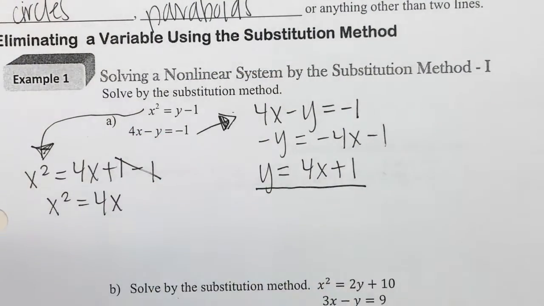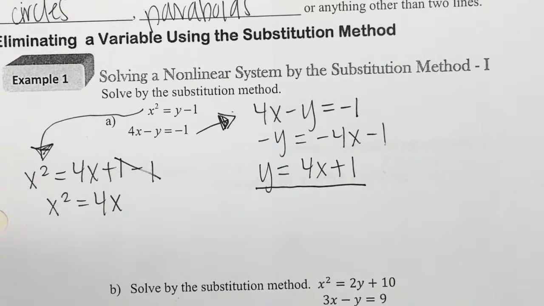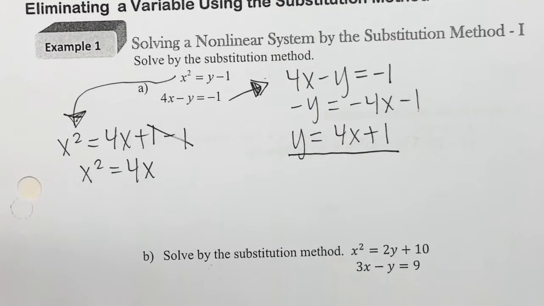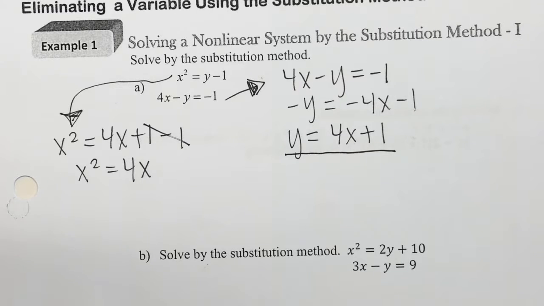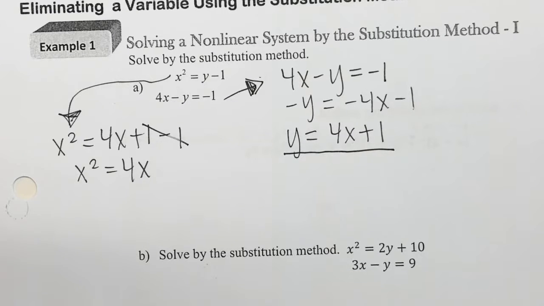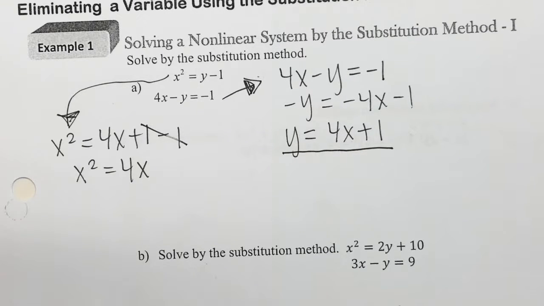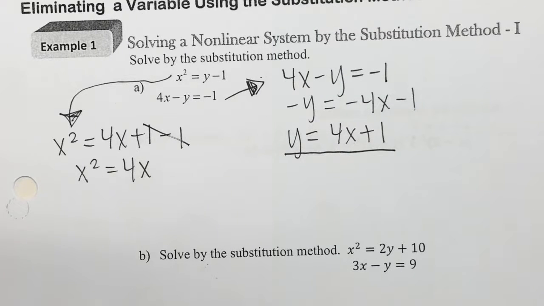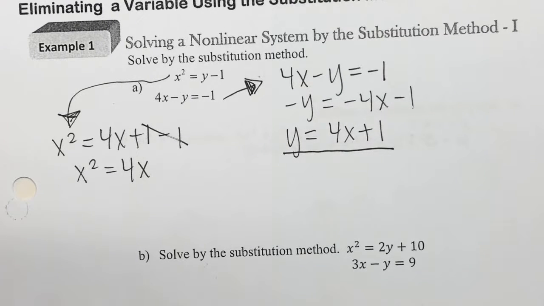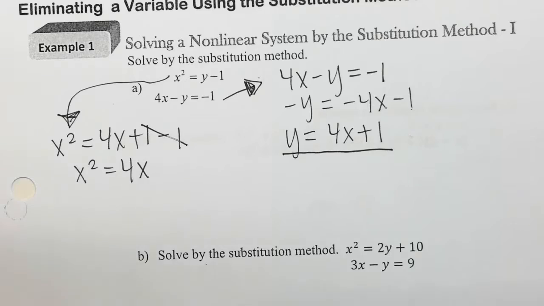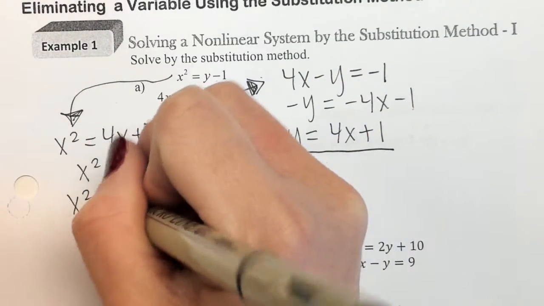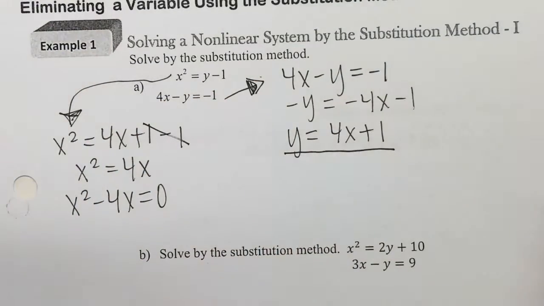We're trying to solve for it. What should we do? Divide it by what? What now? Subtract the 4x. That's what I would do. So then we can do what?